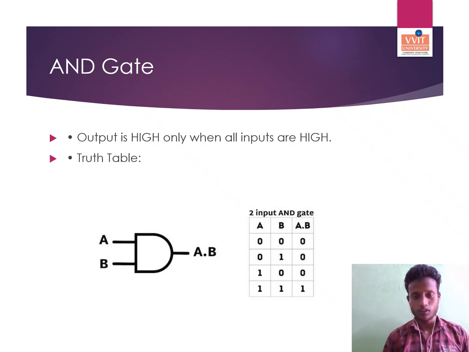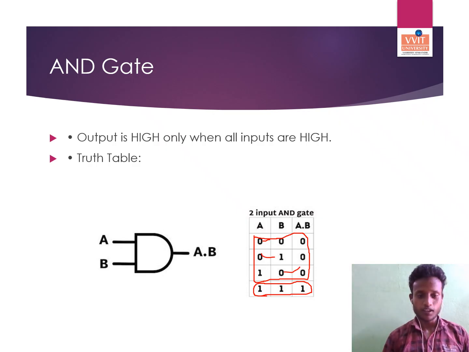The output is high only when all inputs are high. If two inputs are high, the output is high.